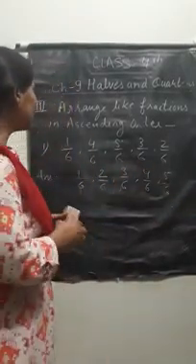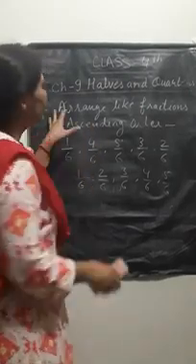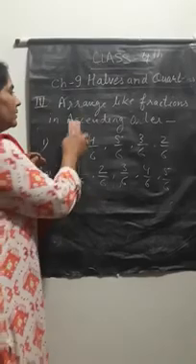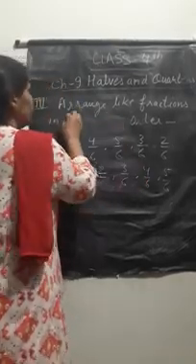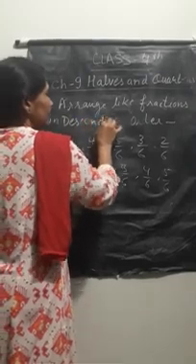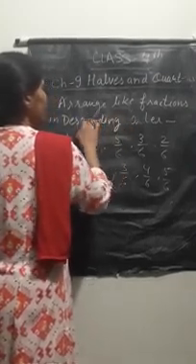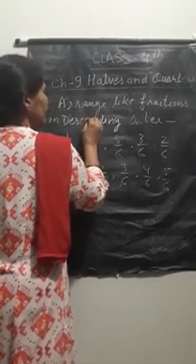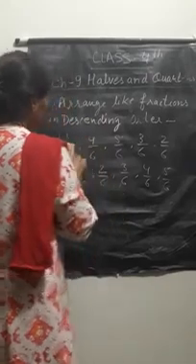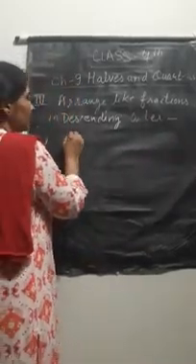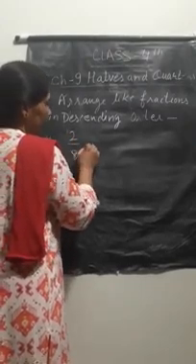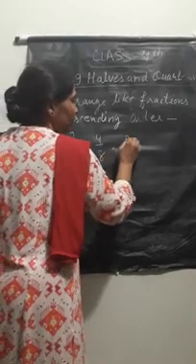So we can write 1 upon 6, 2 upon 6, 3 upon 6, 4 upon 6, 5 upon 6 in ascending order, smallest to greatest. Now next, arrange like fractions in descending order. One question here: 2 upon 8, 4 upon 8, 3 upon 8, 6 upon 8 and 7 upon 8.